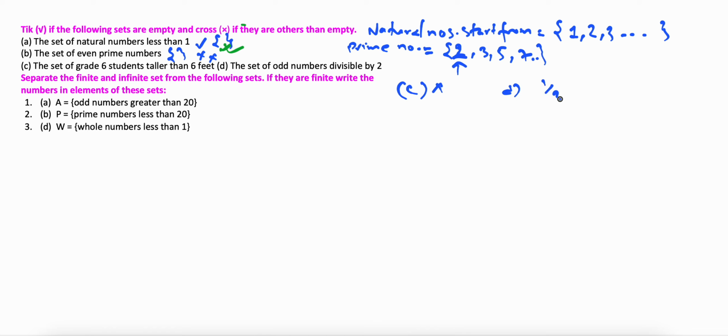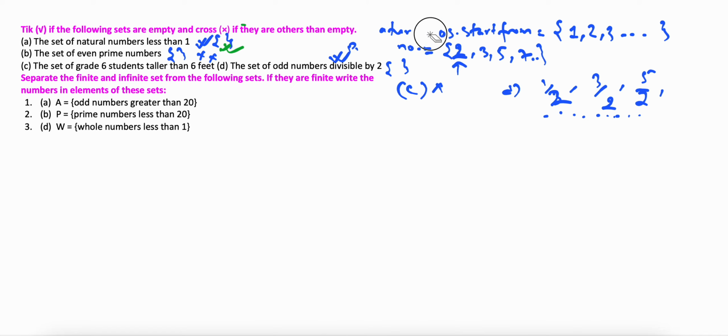For example, odd number 3 by 2, 5 by 2. No odd number can be divisible by 2, so this is empty. So this one is right, and these two are cross.